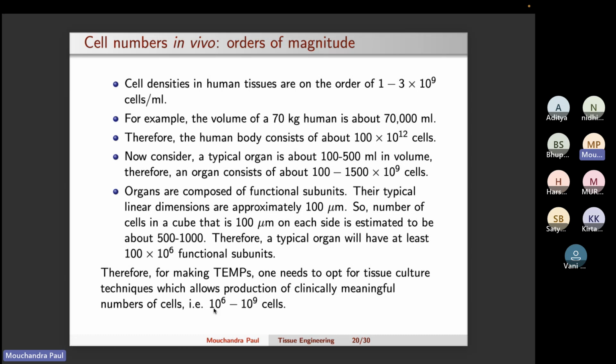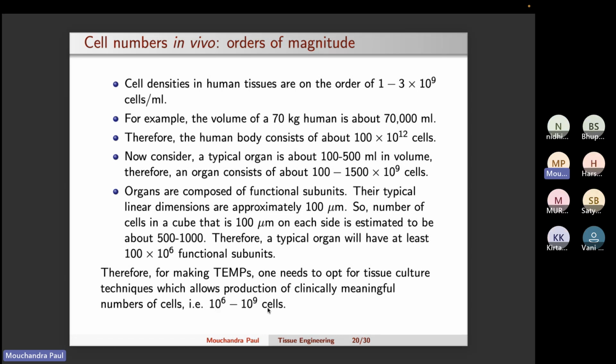And if you are going for organs, you have to mimic those cell numbers. So what cell culture technique you are using is going to play a very important role. And this million to billion cells is actually called clinically meaningful cell number. Anything less than that is just an in vitro thing, but if you want to mimic the human tissue you have to go for these cell numbers.